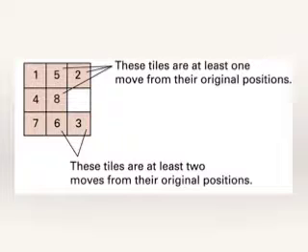For instance, the total projected cost associated with the configuration in the current figure is 7 because tiles 2, 5, and 8 are each a distance of 1 from their final destinations, while tiles 3 and 6 are each a distance of 2 from home.